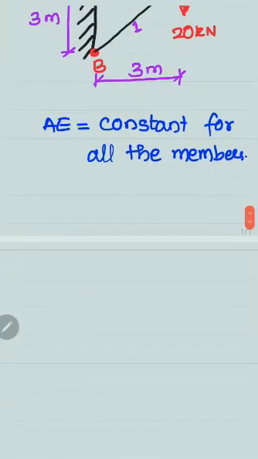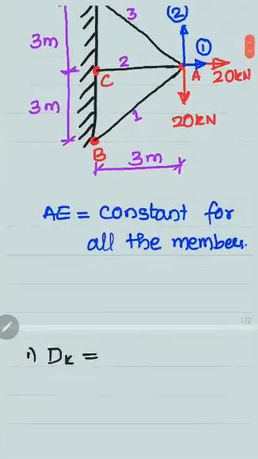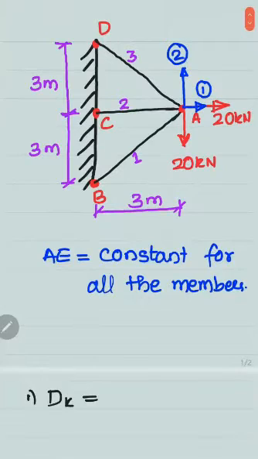Now let us take the displacement vector first, as the first step. The degree of freedom here: joint B, C, D are embedded into the rigid body. So the displacements of joints B, C, D are 0, neither along the x direction nor along the y direction. Clear?